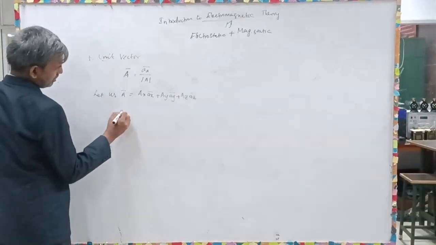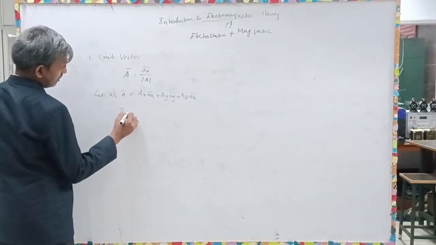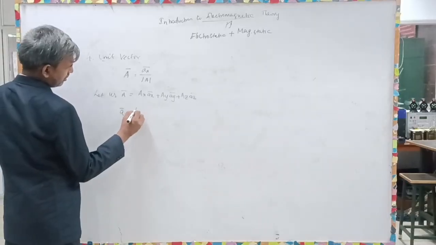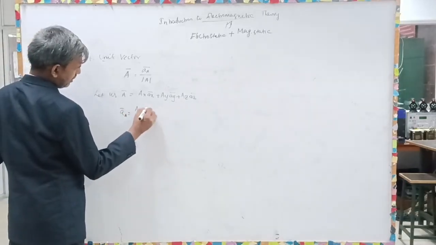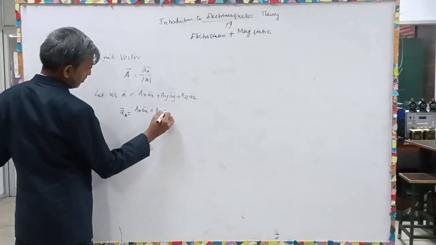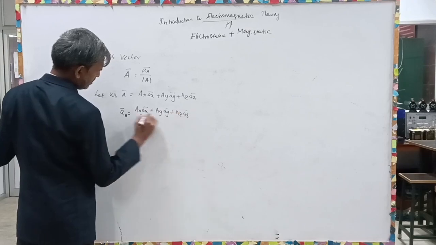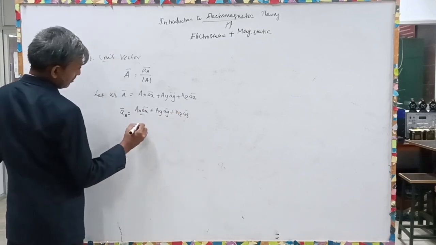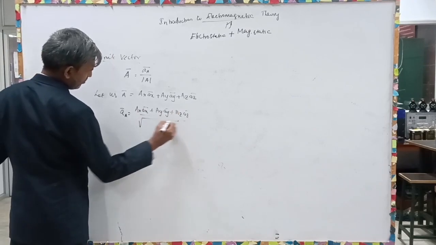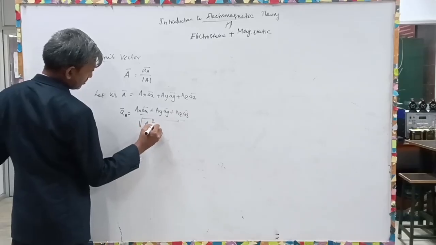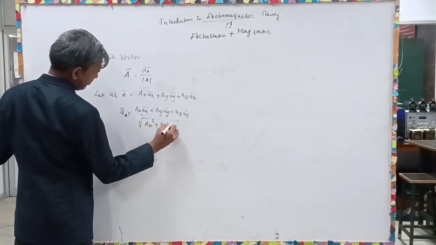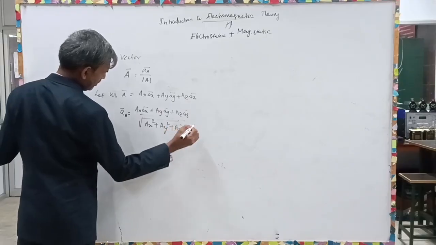So the unit vector A is equal to AX plus AY plus AZ divided by modulus of A, which means root of AX square plus AY square plus AZ square.